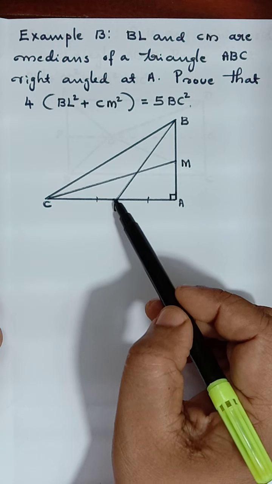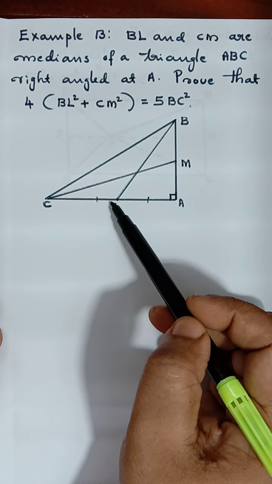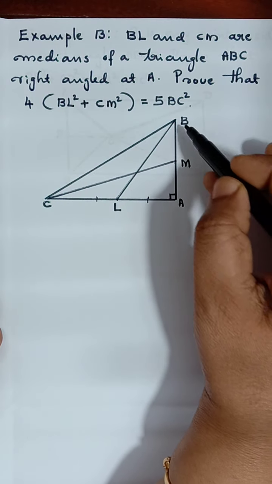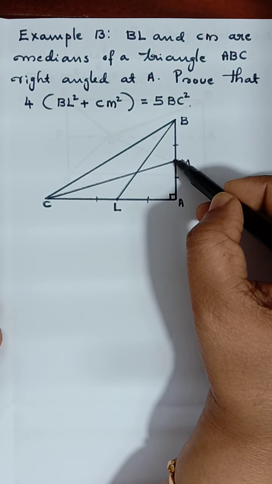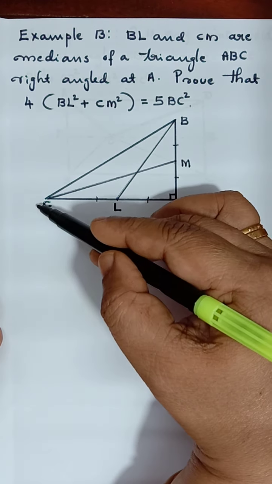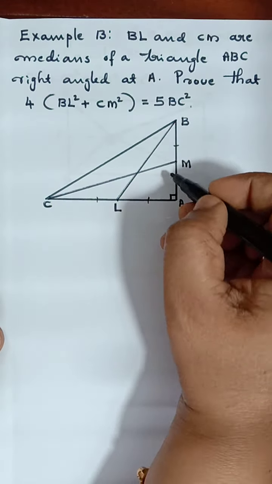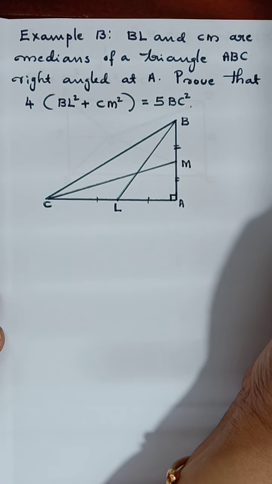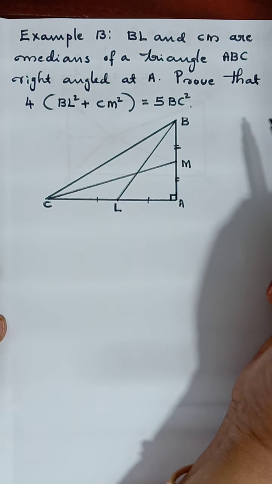A median is a line which joins the midpoint from the opposite vertex. CM is a median. That means if we consider AB as the base, here M is the midpoint to which point C is joined. So CM is the median. So these two lengths are equal. AM will be equal to BM. Okay. So we have to prove this.